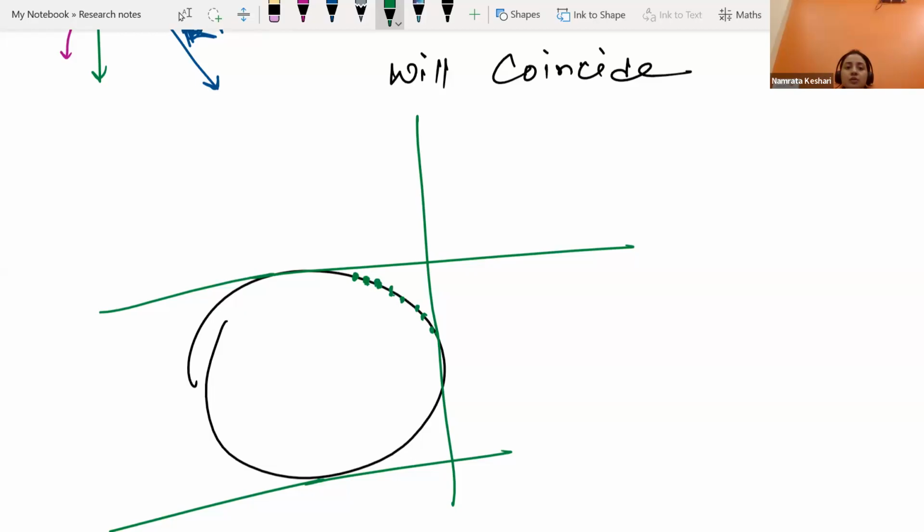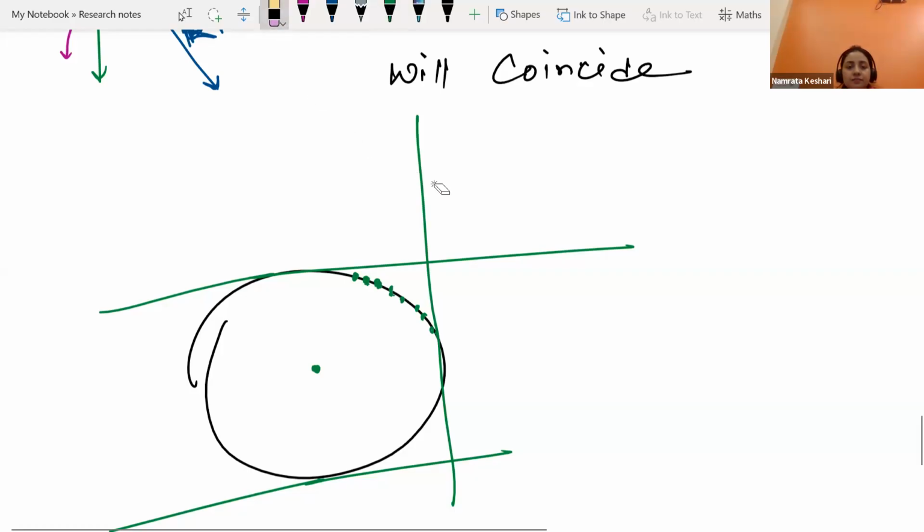Now, what if it passes through the radius? Then there will be 3 points, right? If it passes through the radius of the circle. Are we talking about a tangent passing through the radius?